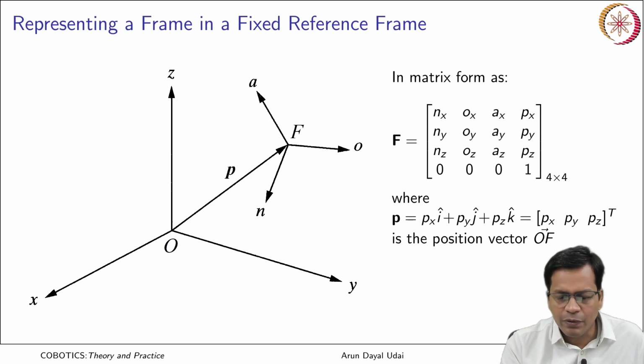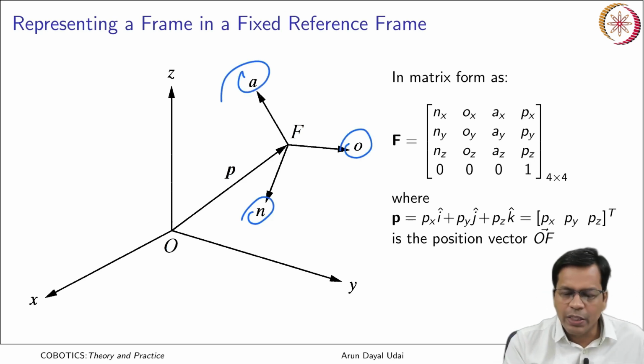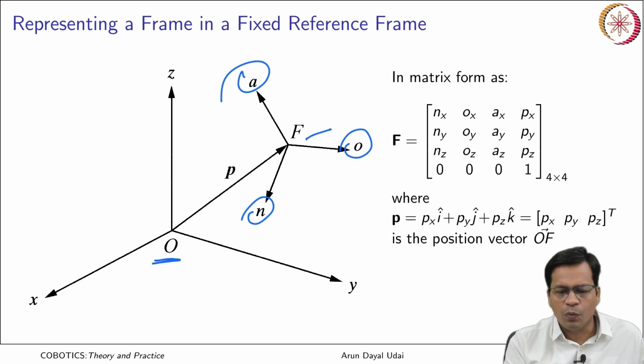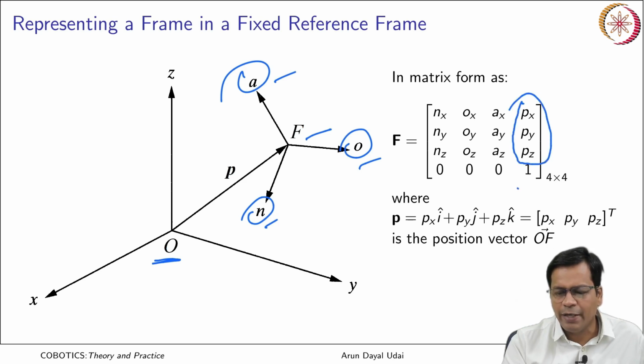Basically NOA will finally give you the orientation of frame F with respect to frame O, because it has components along x, y and z for all the 3 unit vectors which were assigned to the frame, that is N, O and A. Here you see there is an additional column, that is Px, Py, Pz and 1. That is in standard robotics format.